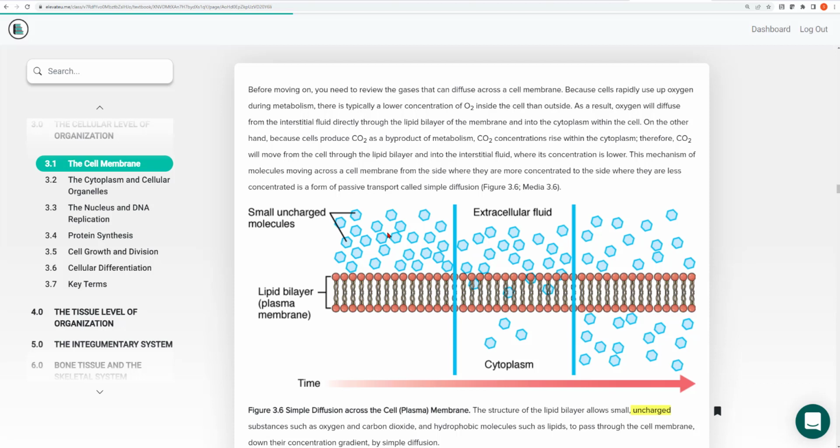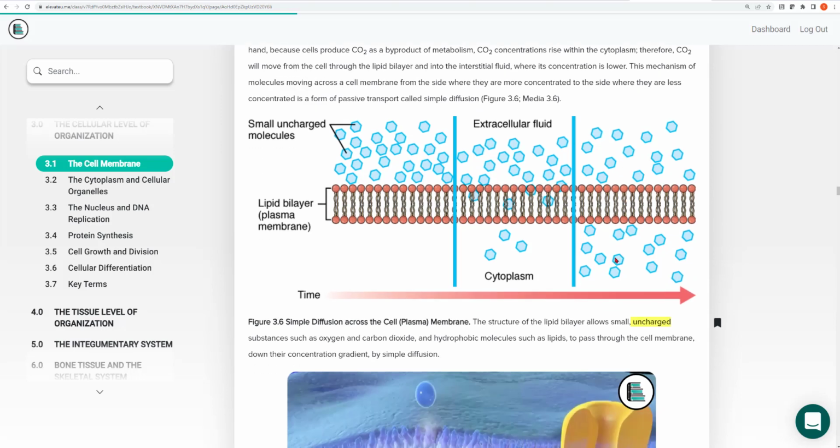They are lipid molecules. How does a person get testosterone or estrogen into their body? Oftentimes it's simply spread on the skin, and it permeates through the skin, through the cell membranes, and does get into the body. So small, uncharged molecules, think lipids, think hydrophobic molecules.